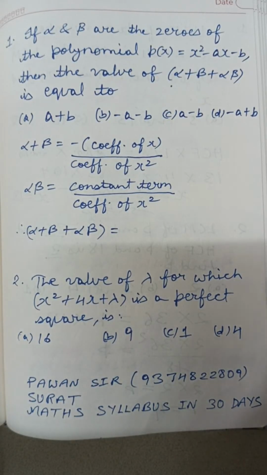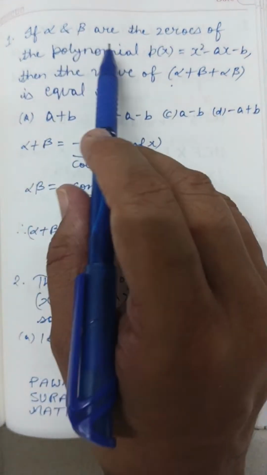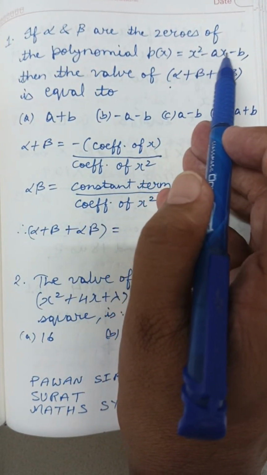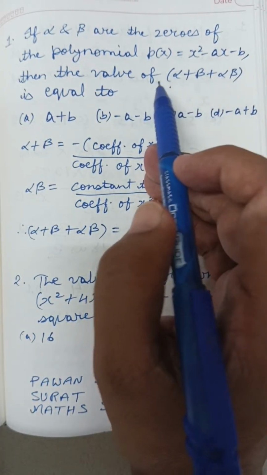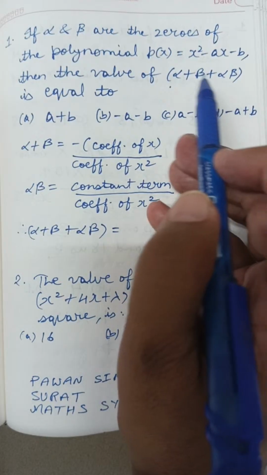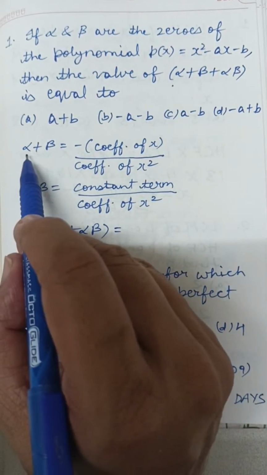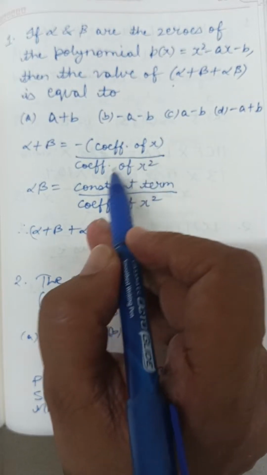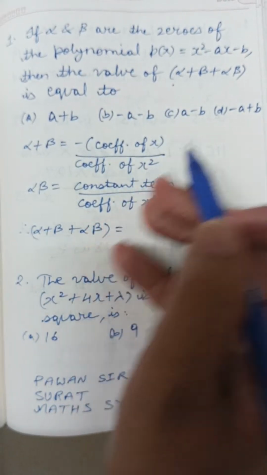As you can see the question, alpha beta are the zeros of the polynomial x square minus ax minus b. We have to find alpha plus alpha beta. As you know the formula, alpha plus beta is equal to minus coefficient of x upon coefficient of x square.